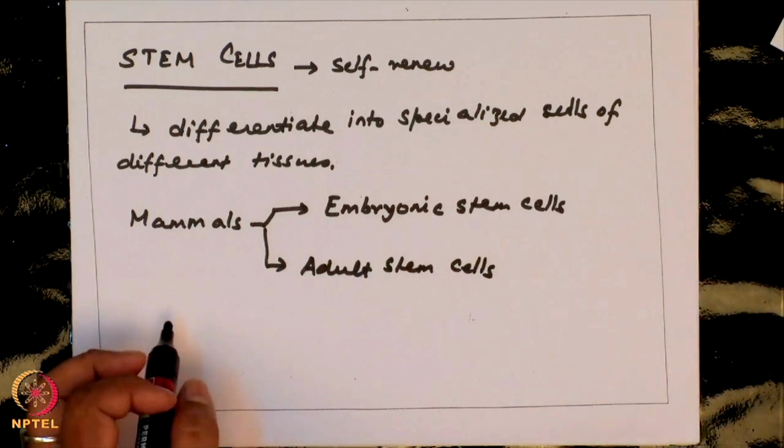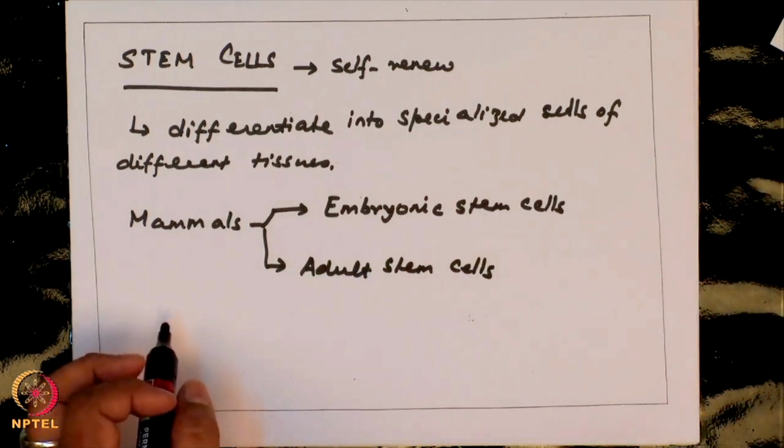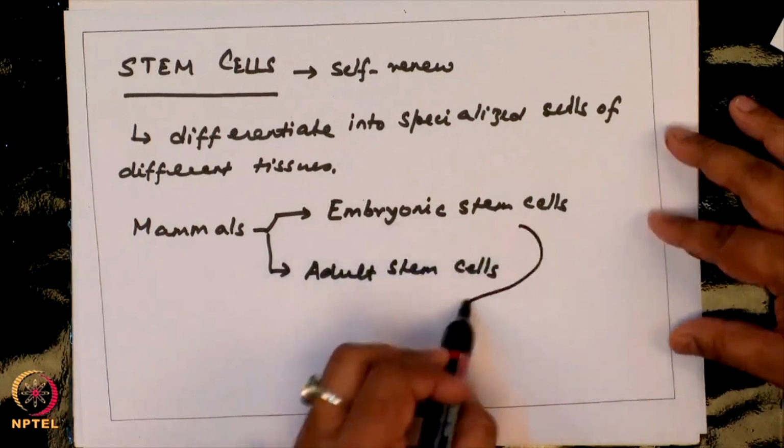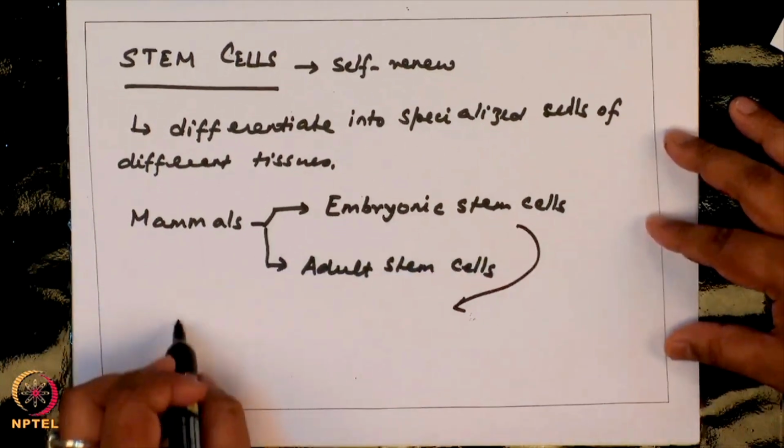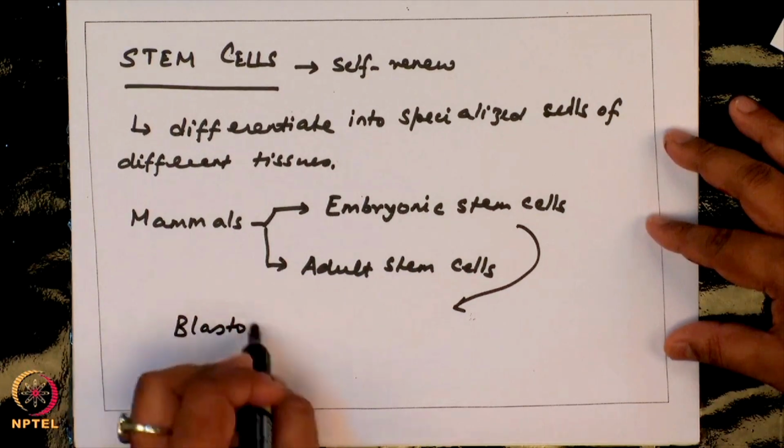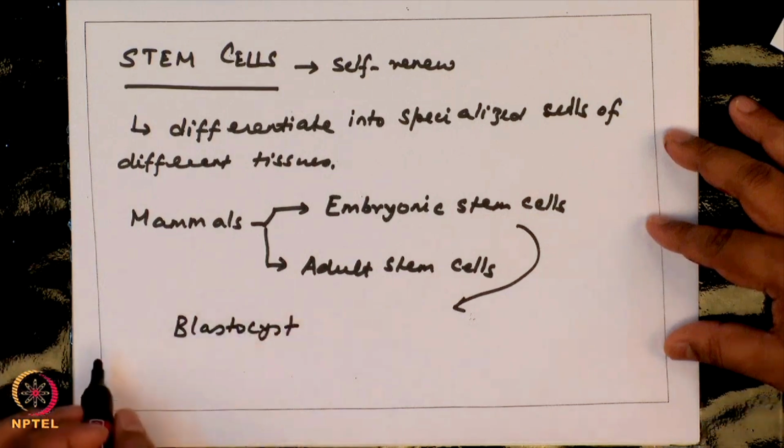So, what are ESCs? ESCs are cells which are isolated from the blastocyst.